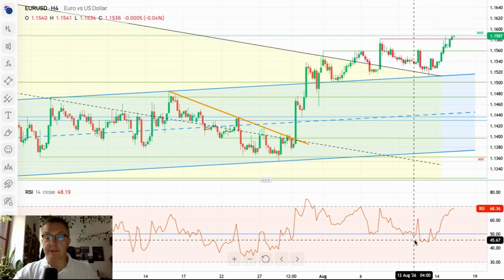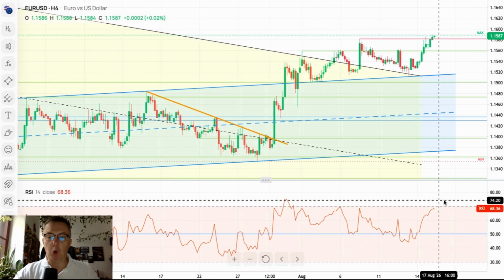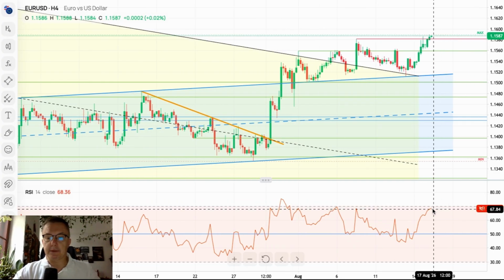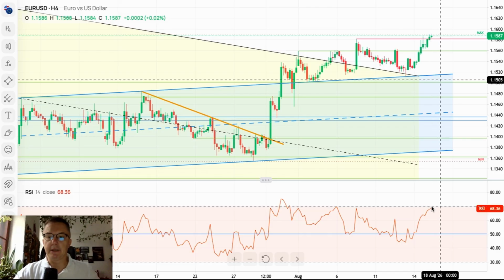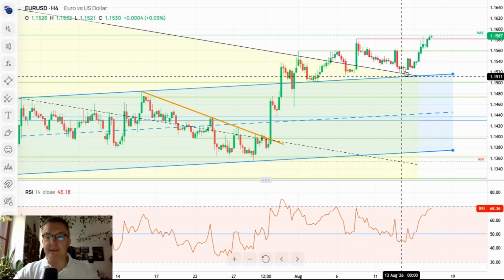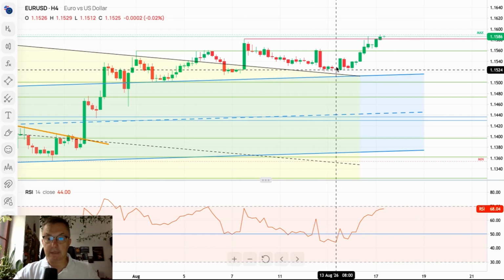Momentum bounced very nicely from the sub 50 levels, 44 points right now, almost at the upper range line of the RSI, almost 70 points. What is very important when you look at this chart is that bar here.